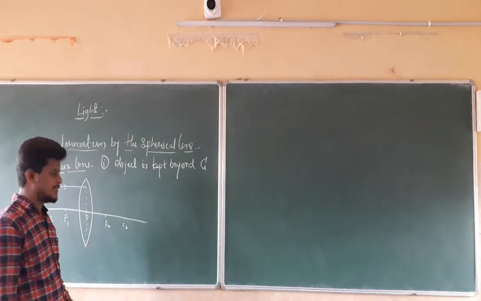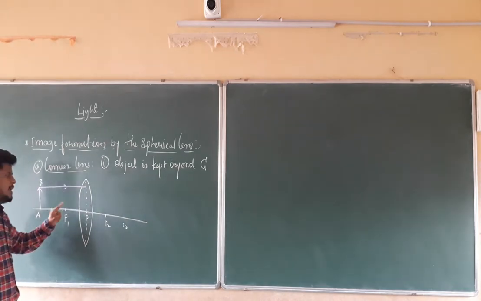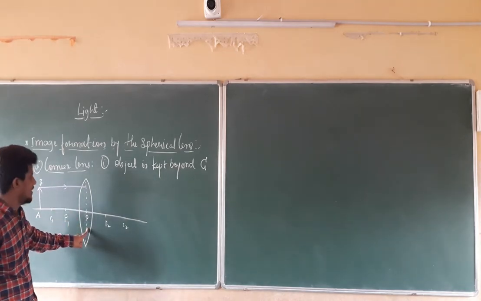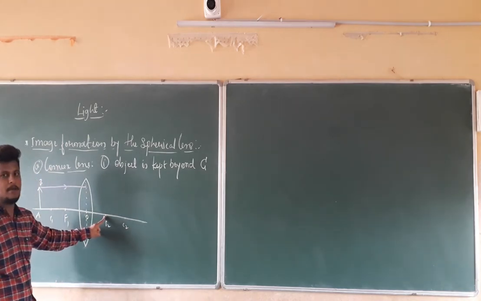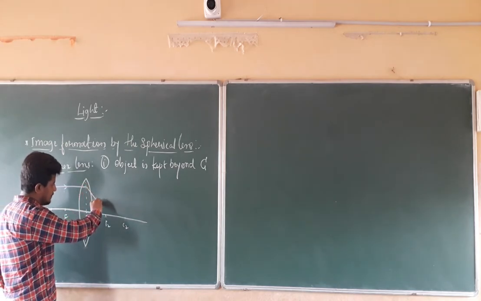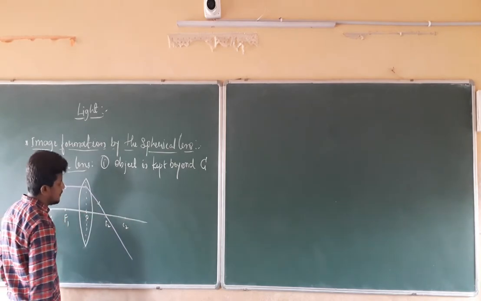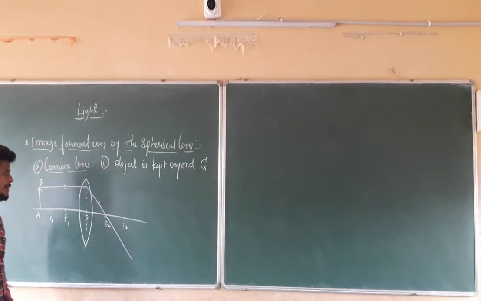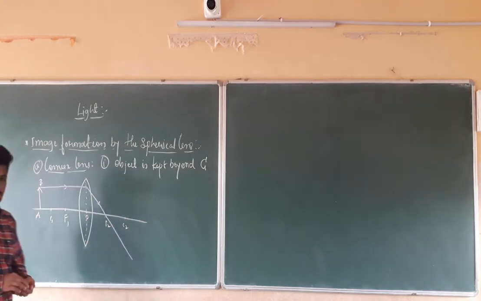If you remember the previous class, any light ray traveling parallel to the principal axis, in case of a convex lens, on refraction is going to pass through the principal focus like this. You should show the arrow marks also. Now this is the first light ray.